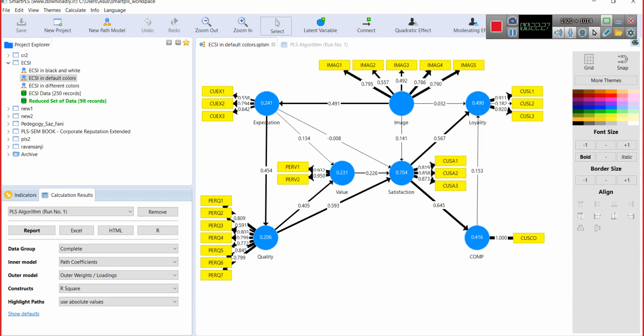For example, in an educational context, you have students nested into classrooms, and classrooms nested into schools. So you have a hierarchical design where variables are from different levels of measurement: student level variables, classroom level variables, and school level variables.